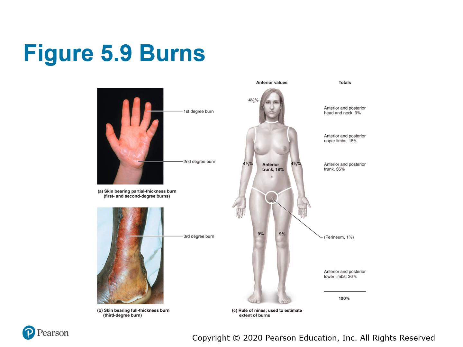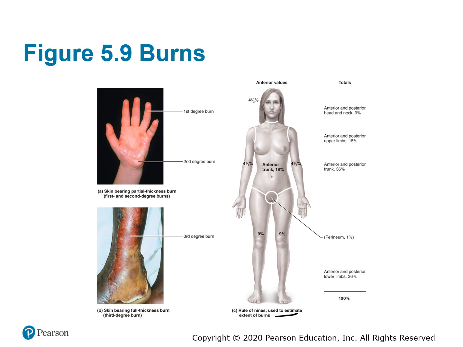Okay? And depending on how deep that burn goes, if it's a first, second, or third degree burn, will inform how much damage has been done. Okay? So the rule of nines is used to estimate the extent of burns.